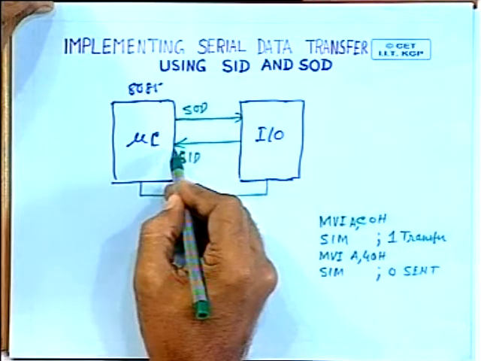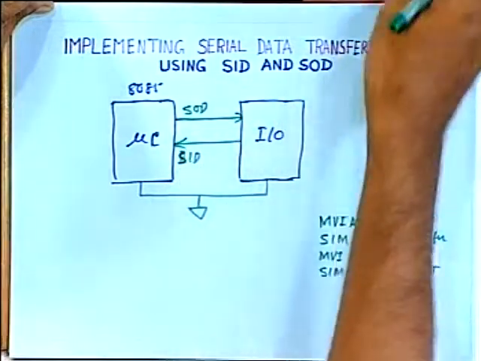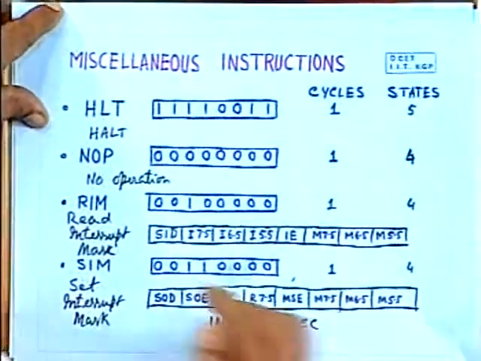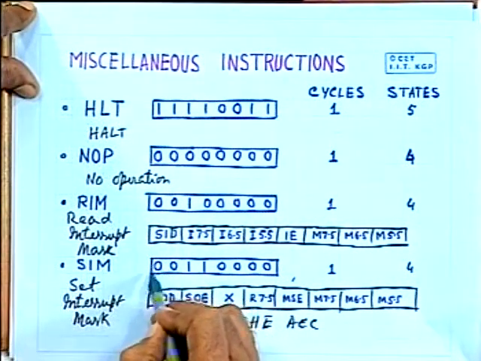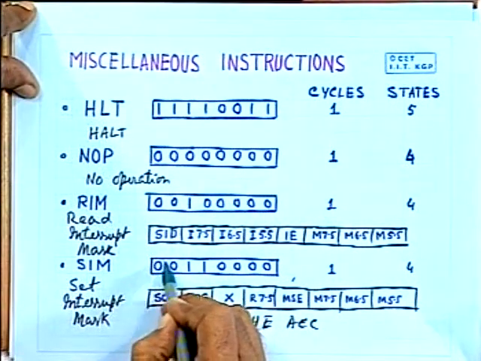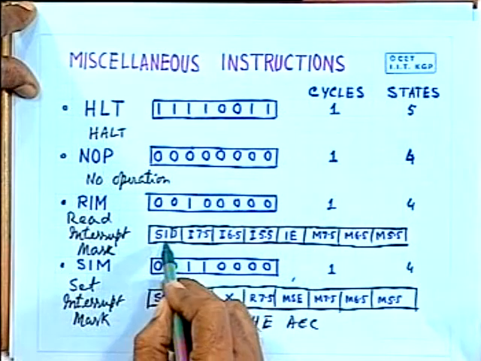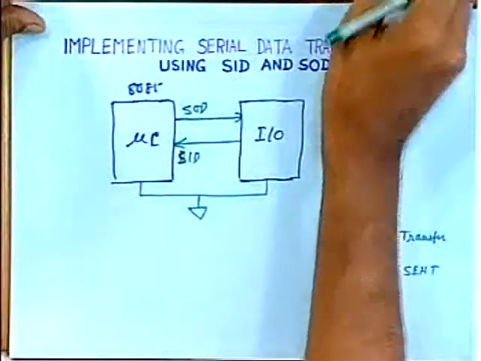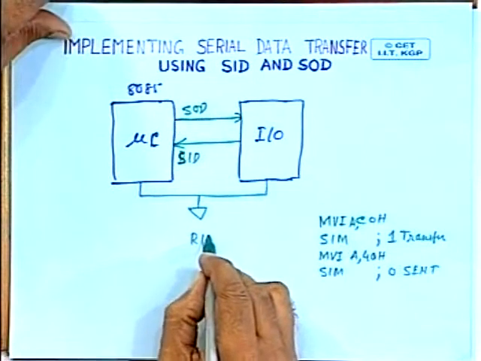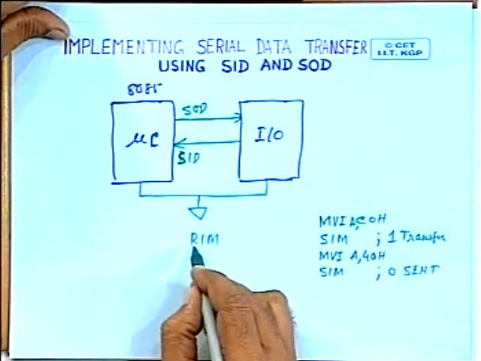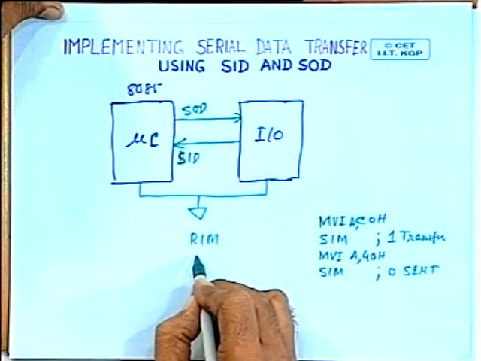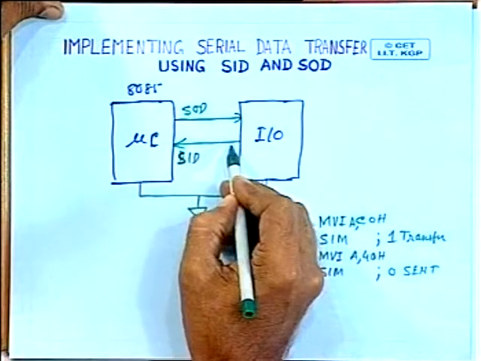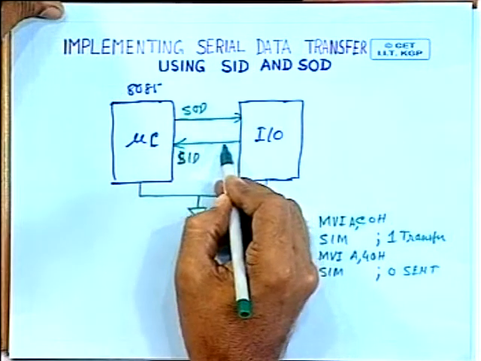Similarly, you can receive through the SID line by executing the RIM instruction. If you execute RIM, the most significant bit of the accumulator will contain the value of SID. After executing RIM, the most significant bit of the accumulator will have the SID value, whether it is 0 or 1.